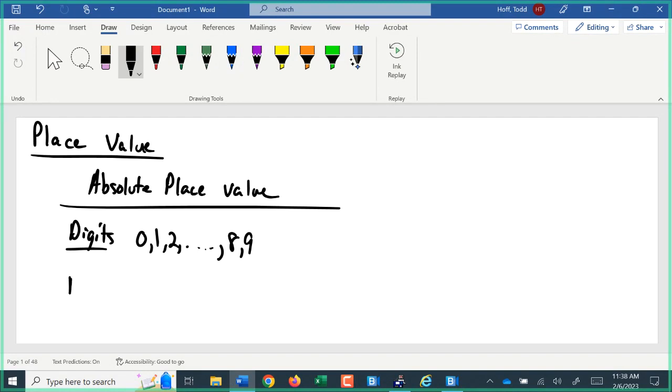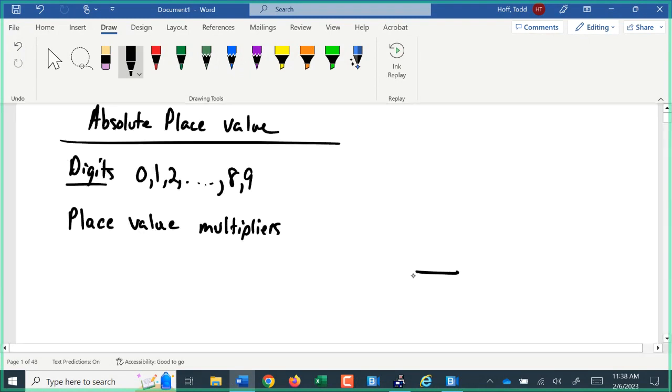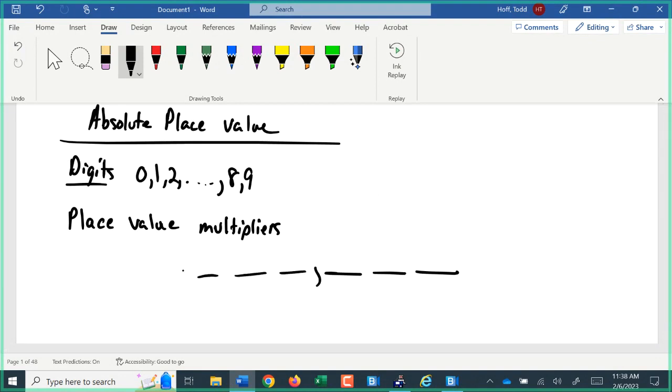And then we have the place values that are multipliers, and again, that depends on where they are in the number. You know, this is the times 1 place value, times 10, or 10 to the 1, times 100, times 1,000, times 10,000.